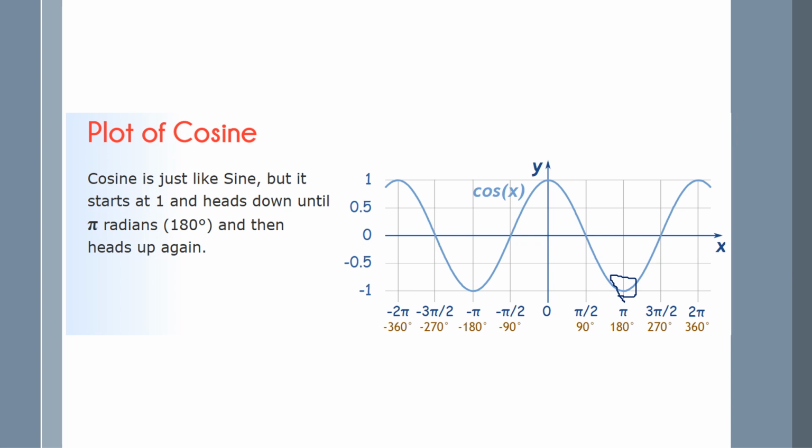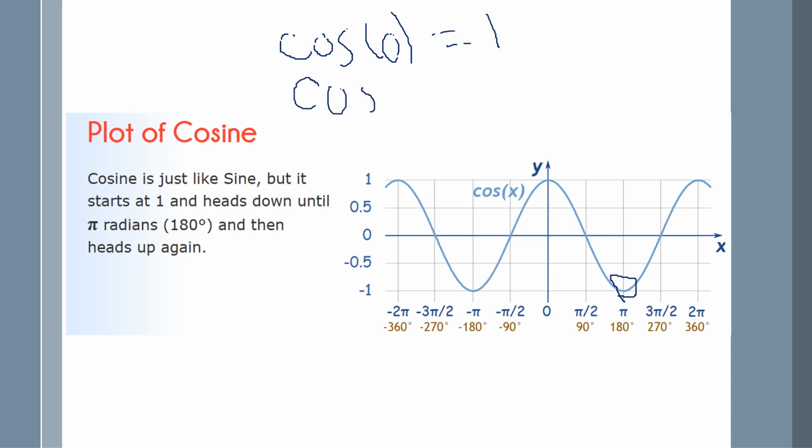So remember when I asked you the question about cosine being 0? Cosine of 0 always starts off at 1. And the only time it's going to be the opposite, meaning negative 1, is when you are at 180.